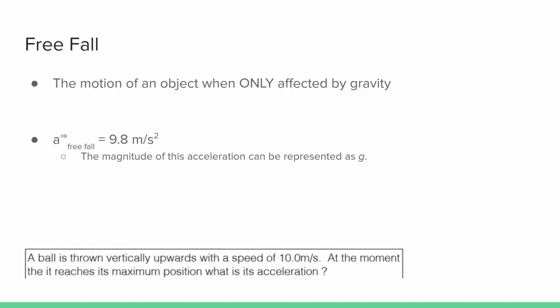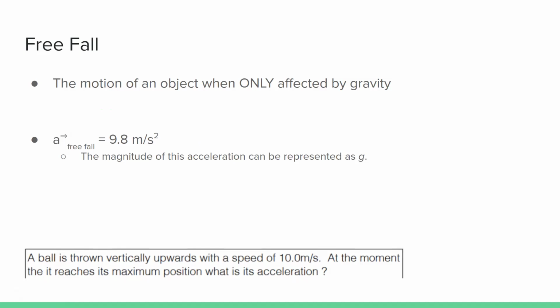But is the acceleration zero? No, that's not going to happen because gravity is always going to exist no matter what. So as far as something that goes in a vertical direction, the acceleration in the y direction can never be zero, at least on Earth. It's always 9.8.